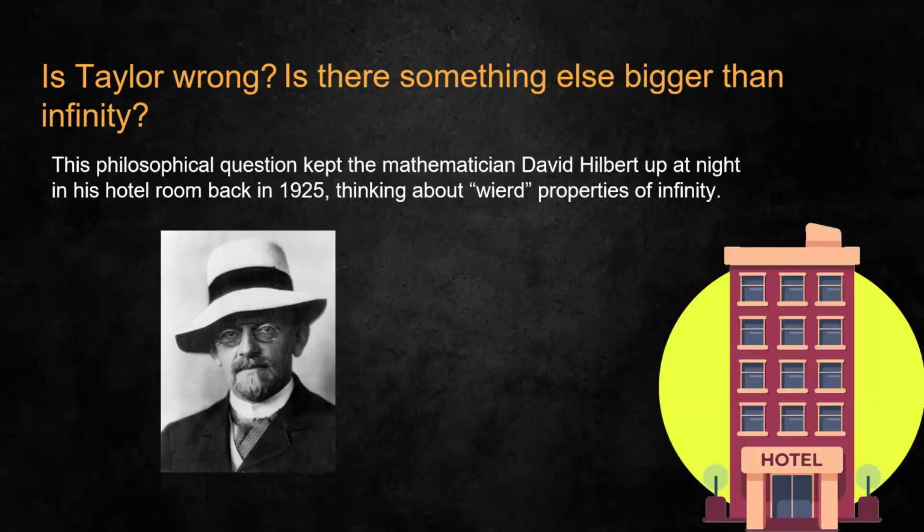But this is a question that mathematicians have known about since the beginning of the 1900s. For example, David Hilbert has a very famous paradox about an infinity hotel to talk about some weird properties of infinity in mathematics.